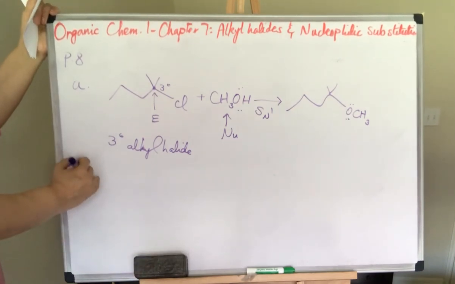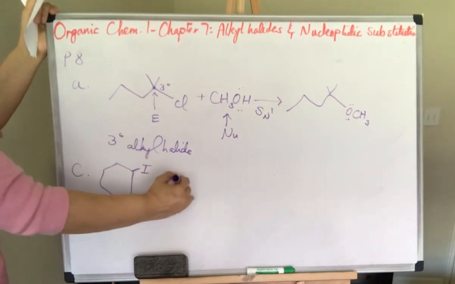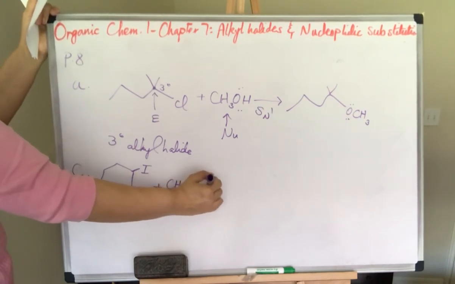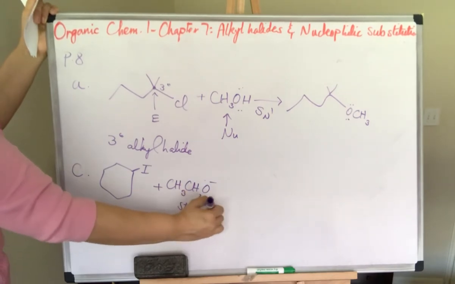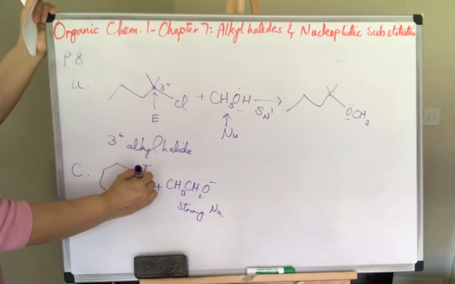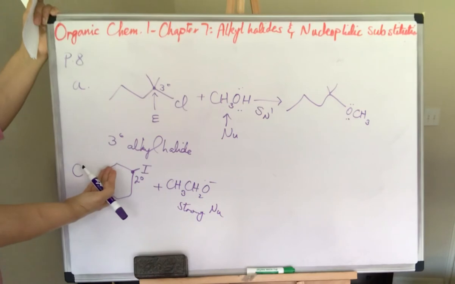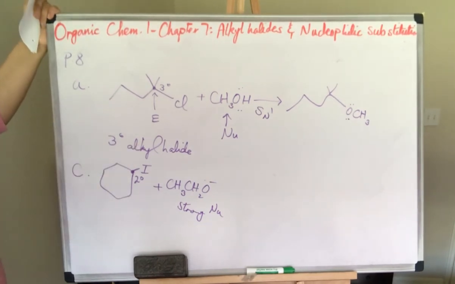For C, you have a strong nucleophile because it has a negative charge. And you're dealing with a secondary alkyl halide. It's not that hindered because this ring is planar.